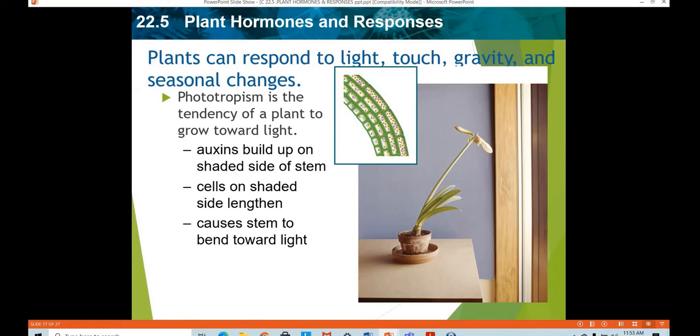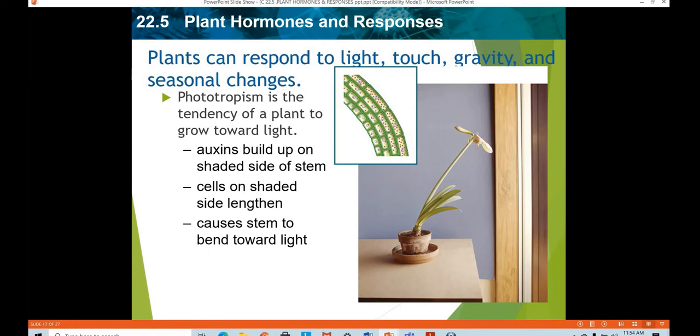As described earlier, cells lengthening on the shaded side of the stem causes the stem to bend towards the light. This tendency of a plant to grow towards the light is known as phototropism. So if we grow a plant in a space with only one small light source, the plant will lean towards the light through the process of phototropism.